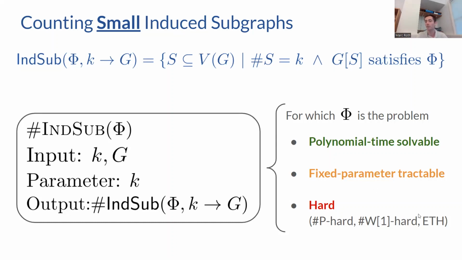And then ruling out fixed parameter tractability, you can again try to prove lower bounds under ETH, but you could also try to prove #W[1]-hardness, where #W[1] is kind of a parameterized counting equivalent of NP. So in particular, if you show a problem #W[1]-hard, then the problem is not fixed parameter tractable unless ETH fails.